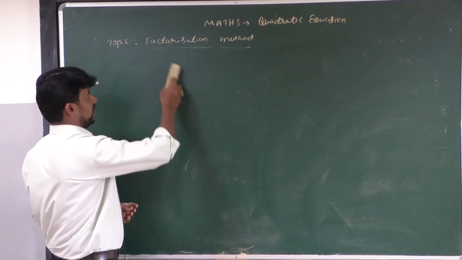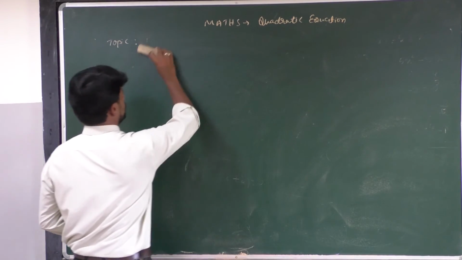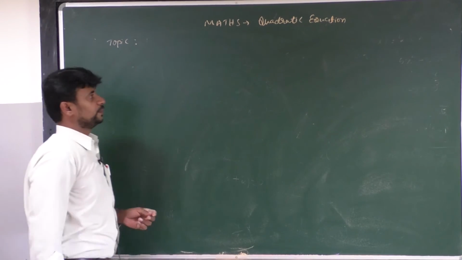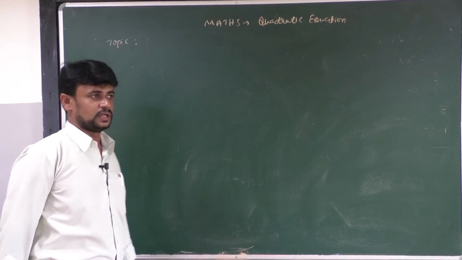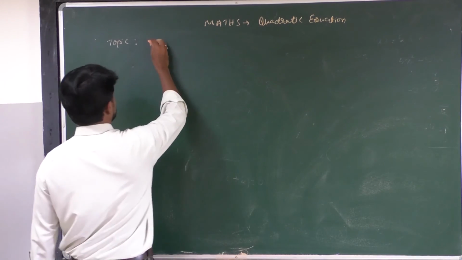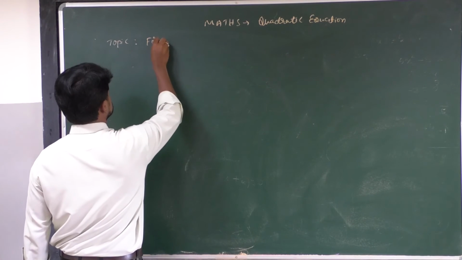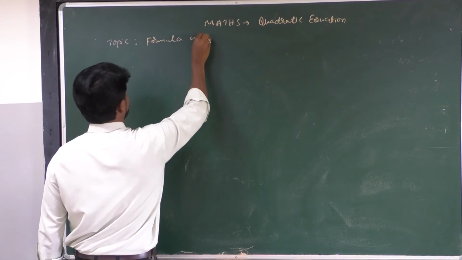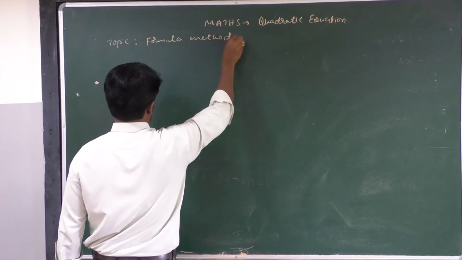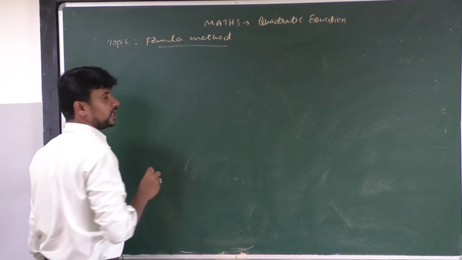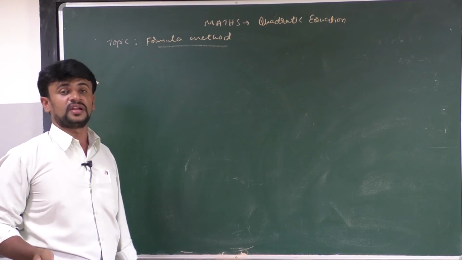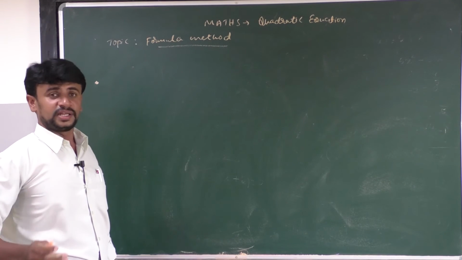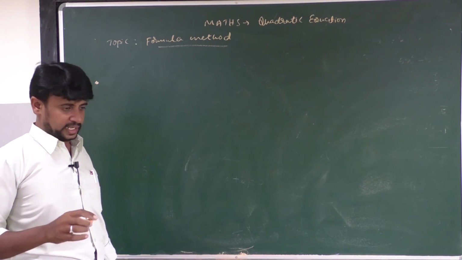Formula method. Which formula is used to solve this quadratic equation? The formula method. Okay, the formula is as you studied already in 8th standard and 9th standard, how to get the formula of the quadratic equation.